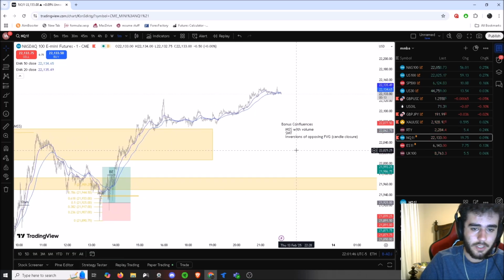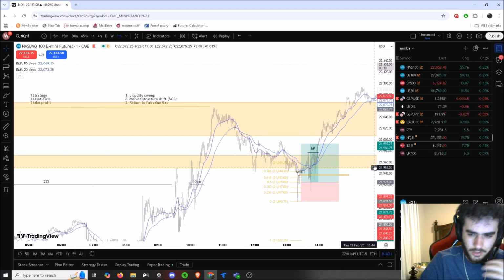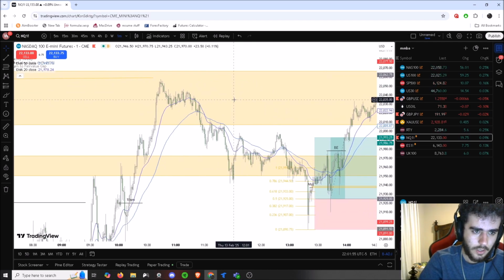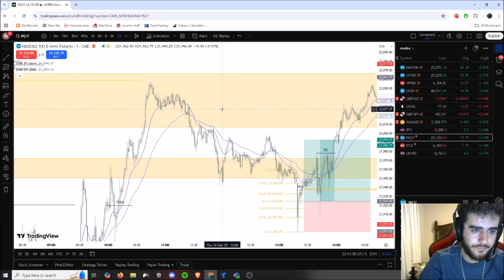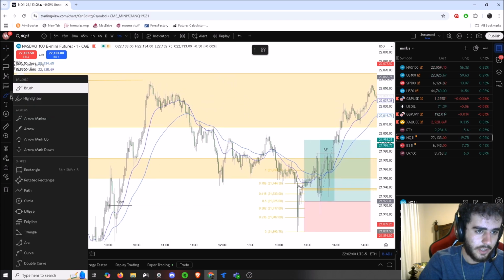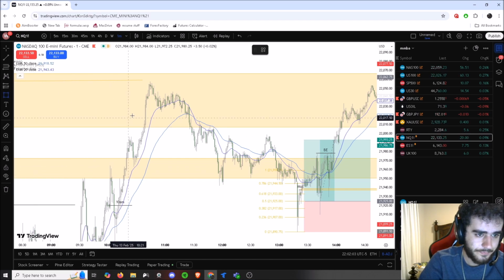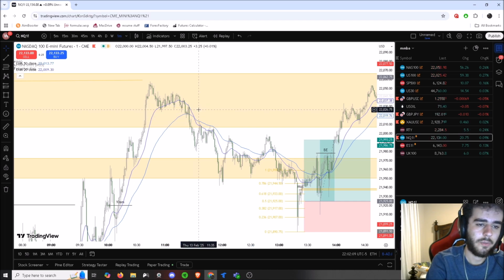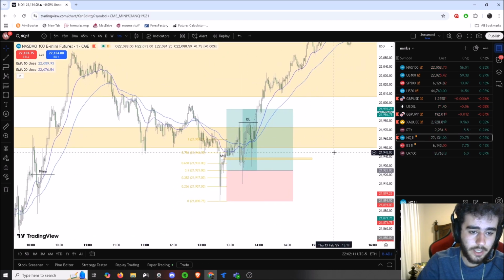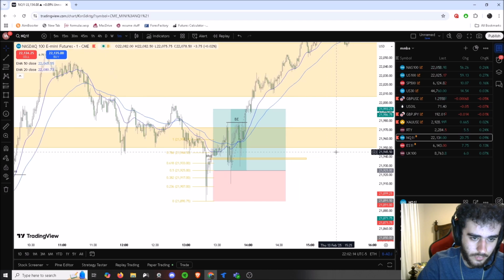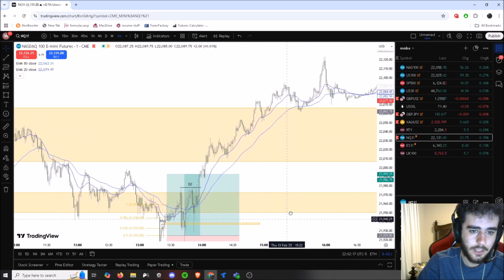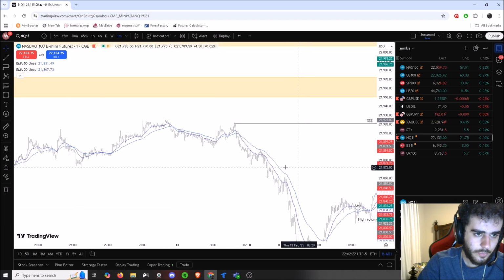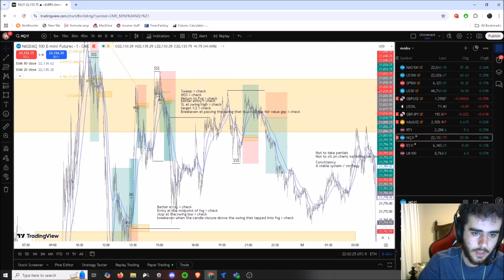Our last confluence is inversions of opposing fair value gaps. This means that this is a confluence for the trade. This gets inversed. We're obviously in the trade before that. If you remember the example, please go back and watch the example. For example, here, it didn't yet inverse, but let's say we have a previous example.